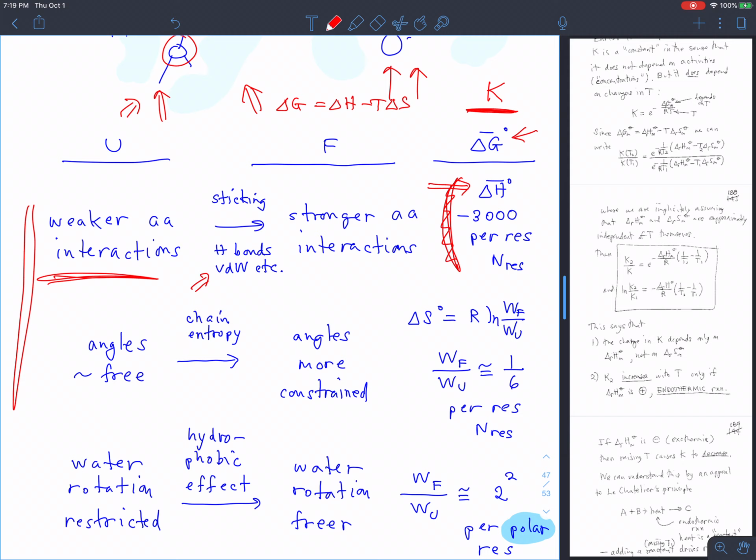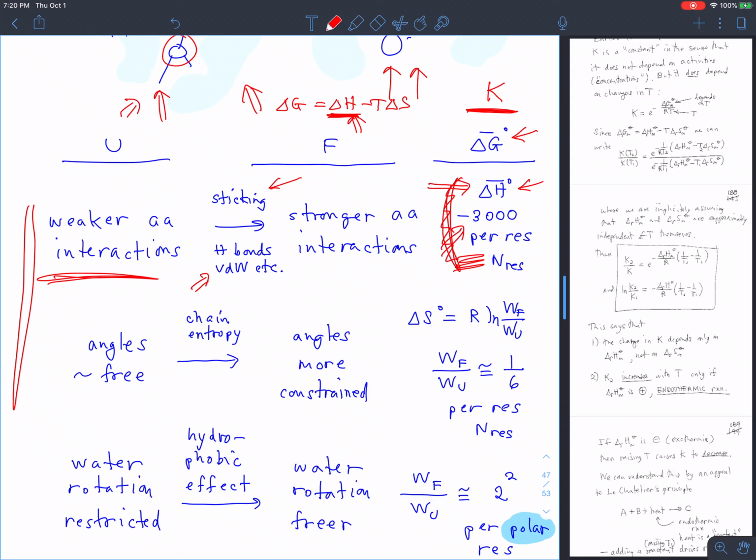The sticking between amino acids, the sticking between any two things, is a contribution that either causes heat to be put out into the surroundings or causes heat to be absorbed from the surroundings, so it's a contribution to delta H. And we're just going to pick the simplest possible thing. We're going to say it's a certain value for every single residue.